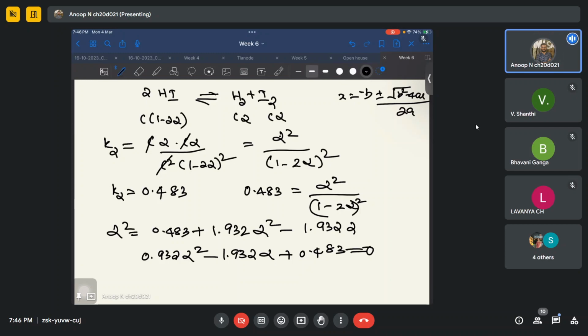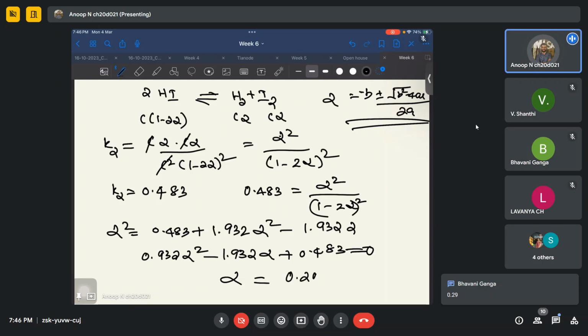But while solving yourself, try to solve using this direct equation, writing alpha instead of x. Yeah, alpha is coming 0.29.